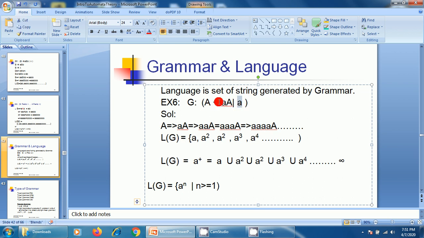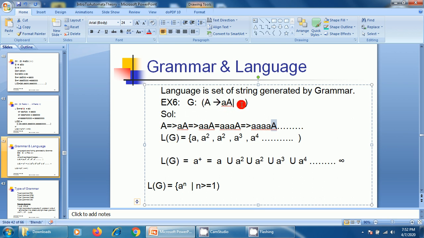Just put small a capital A in place of capital A. Then it is 2 times small a and capital A. Again put small a capital A in place of capital A, then it is 3 times small a and 1 capital A. Again put small a capital A in place of capital A, then it is 4 times small a and 1 capital A.